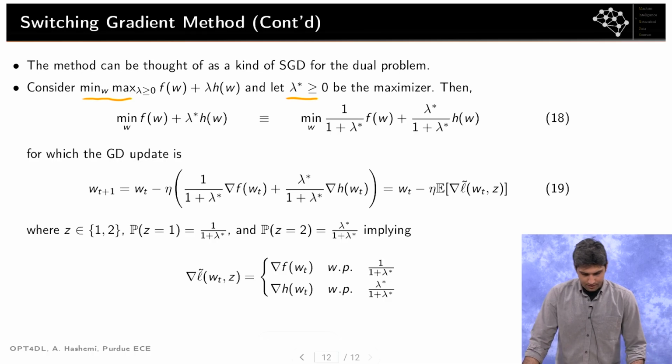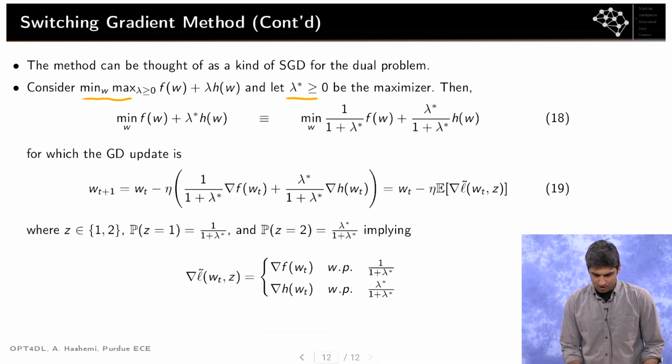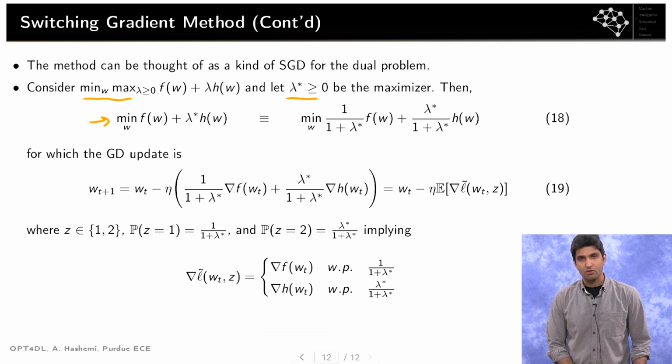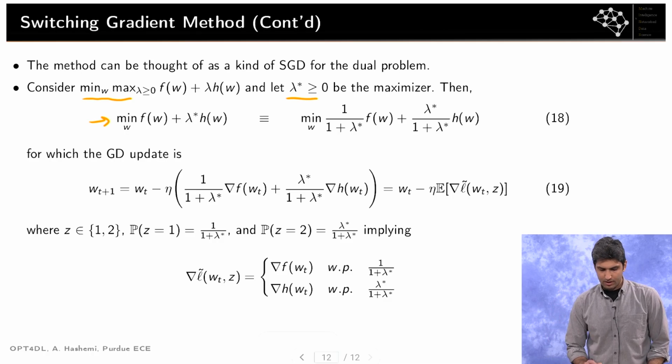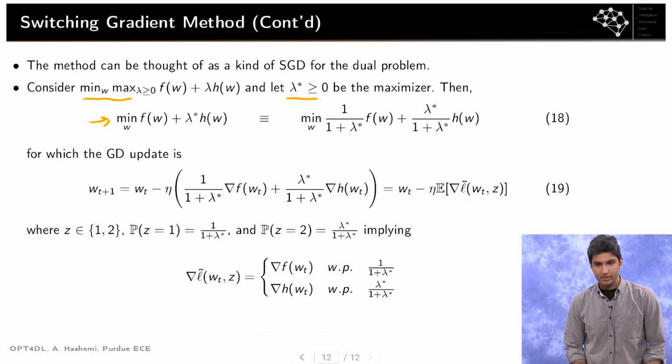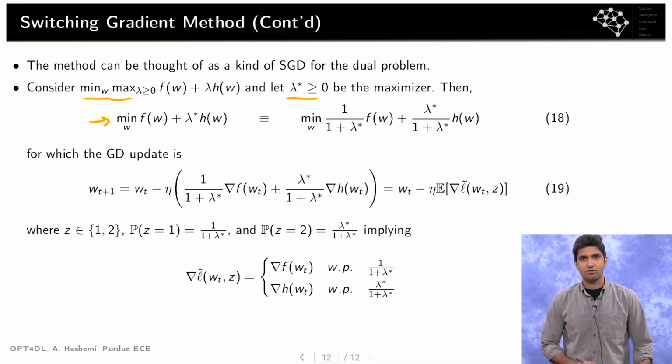Then what will happen is that I basically need to solve this problem. My problem reduces to minimizing only with respect to W of f of W plus lambda star times h of W. Note that lambda star is non-negative, and here I'm assuming that it's constant.